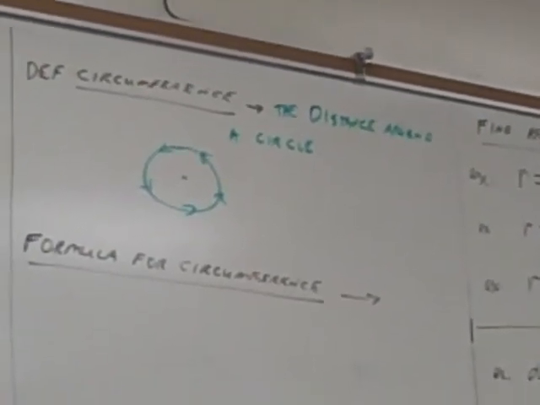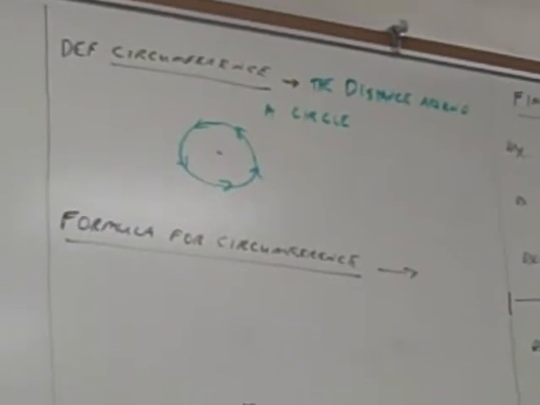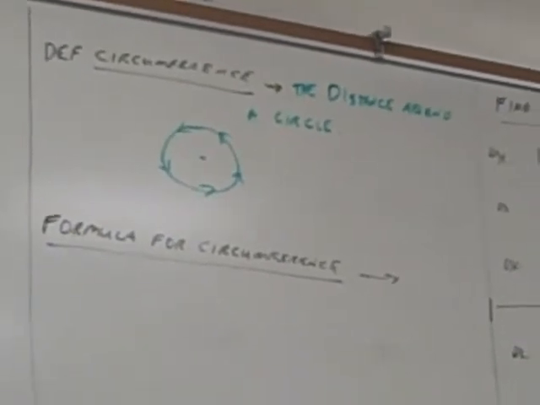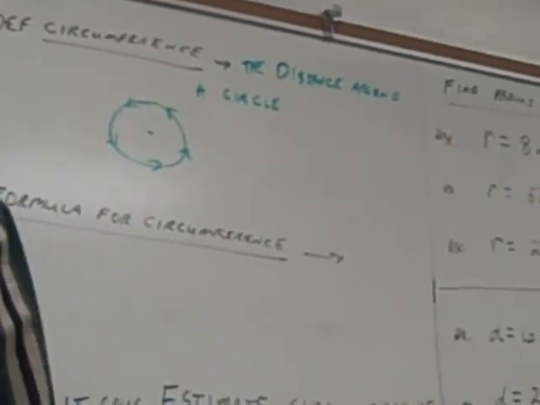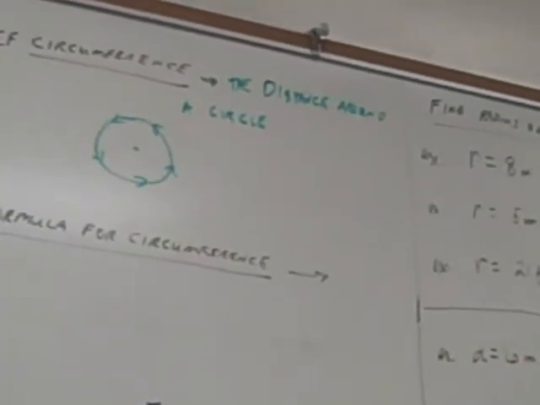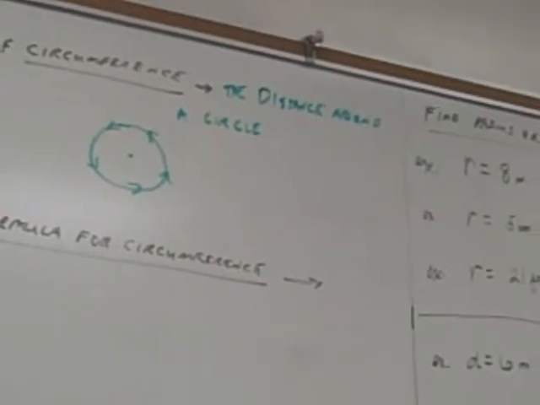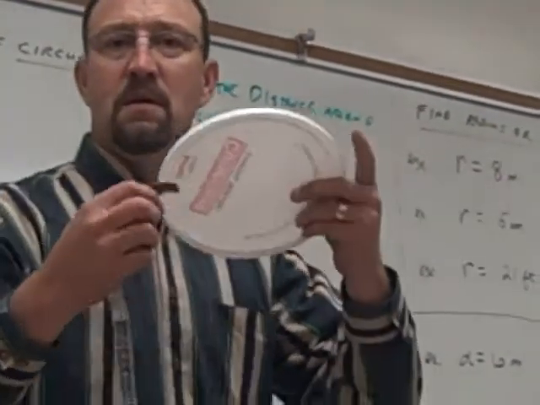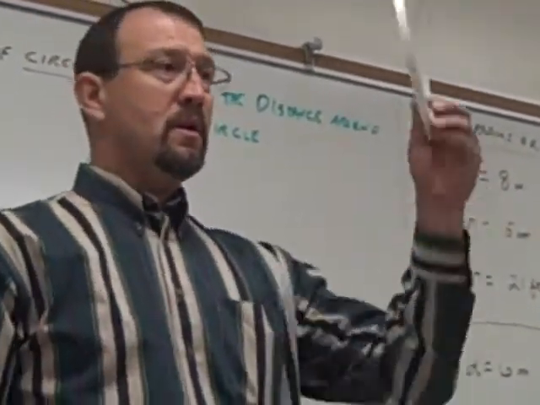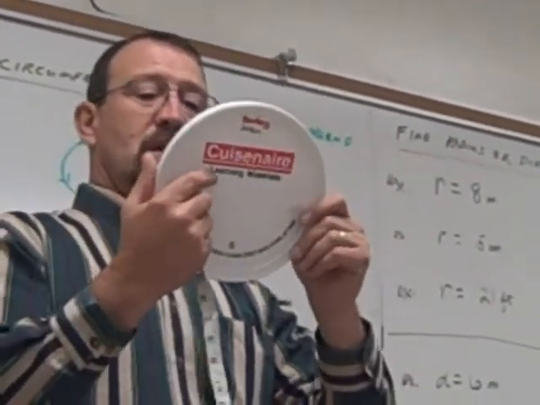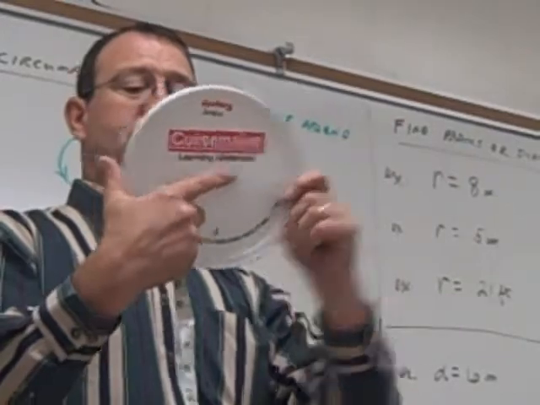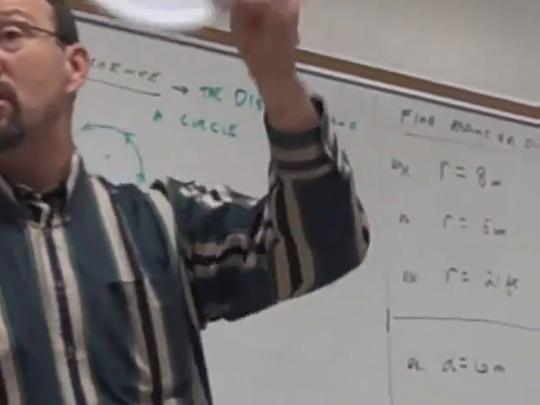So I can't call it perimeter, because perimeter means add up all the sides. So I have to have a different way of doing it. I'm going to measure around and find the circumference of this Cuisenaire learning material lid, because it's circular, isn't it?